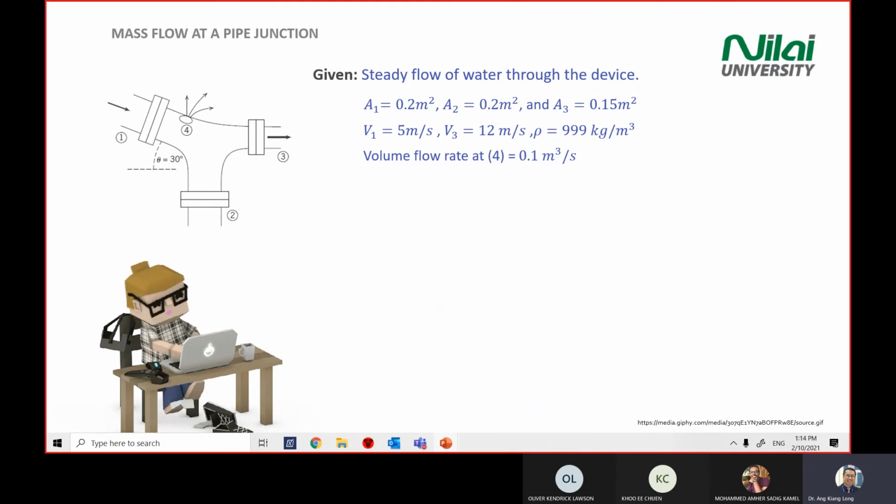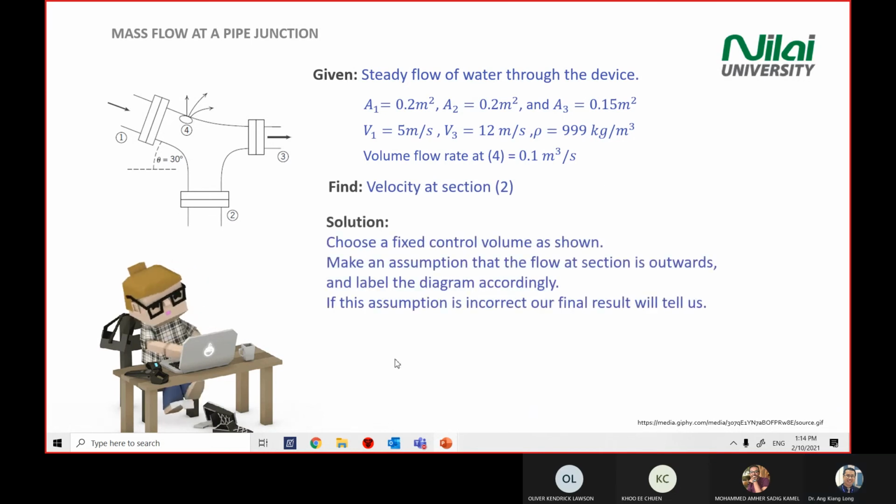In the exam, the temperature will be specifically mentioned, so you need to refer to Appendix A for a certain temperature. The standard case is 999 kilogram per meter cube at 15 degrees C. So we need to find the velocity at number 2.